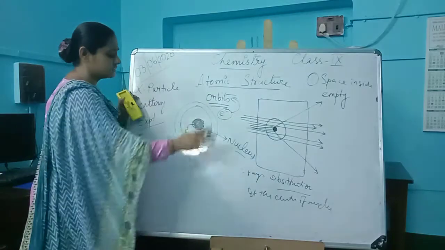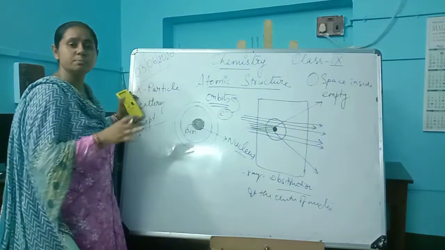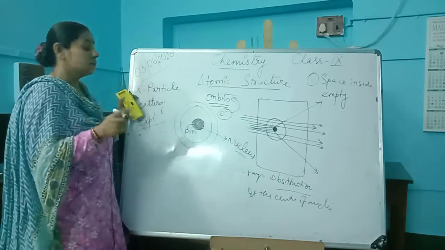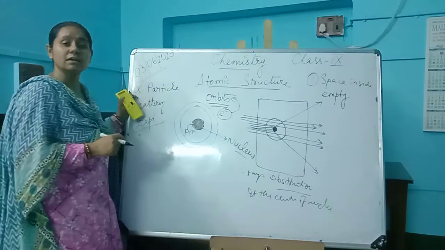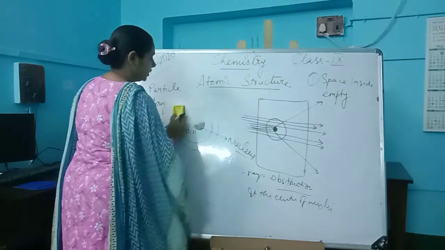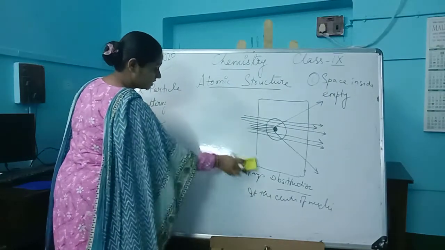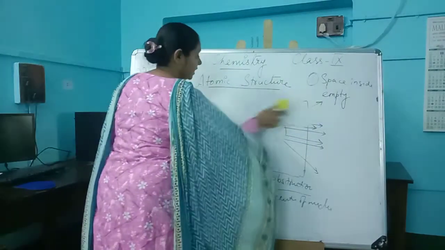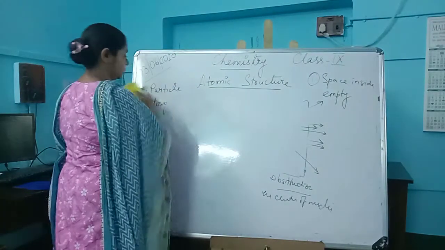Now, all these things were established by Rutherford, but there is a drawback associated with it. Look very carefully, it is a very serious drawback and it needs to be eliminated.